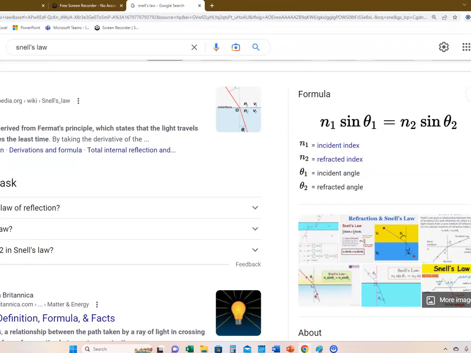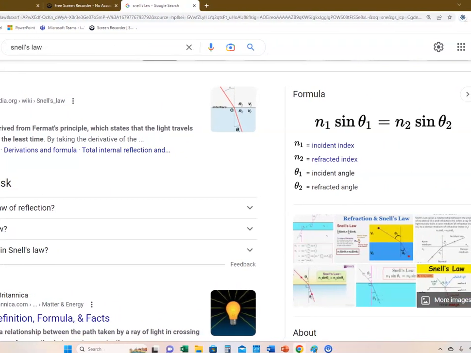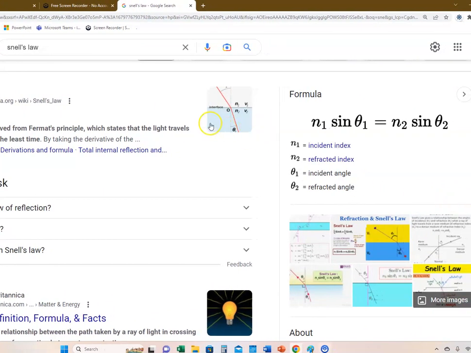So here, this is just Googling Snell's law, and n1 is whatever the medium is. You have these different mediums, and n1 would be this medium up here. So the speed of light is going to be greater up here than in here. Like this would be like going from air to water or something like that.